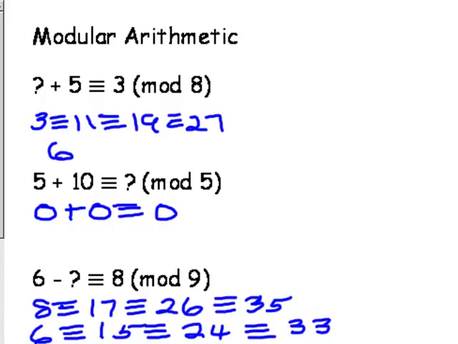Are there any numbers that we see that when we subtract, we would get 8? Well, 15 minus 7 would give us 8.